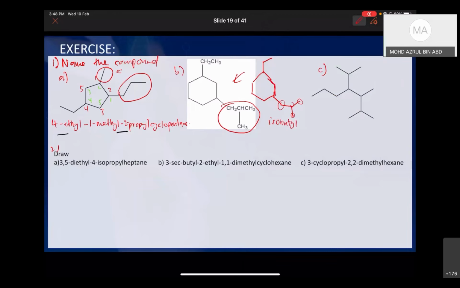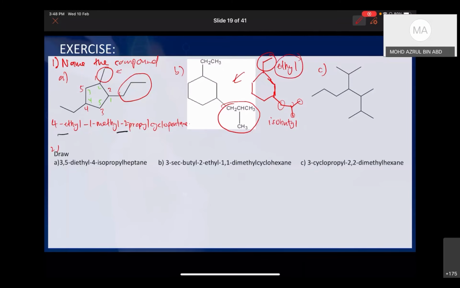So the name of this compound is 1, 2, 3. Between isobutyl and ethyl, which one do we need to put first? Isobutyl? Wrong. Ethyl.